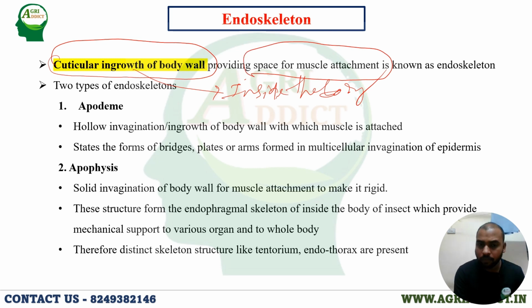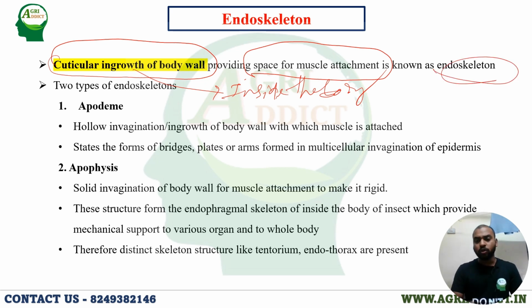In human beings also, bones are meant for muscle attachment and for providing a proper shape or form. Same thing in insects: these cuticular ingrowths of the body wall, providing space for muscle attachment and a particular shape or form for the insect, are called the endoskeleton.